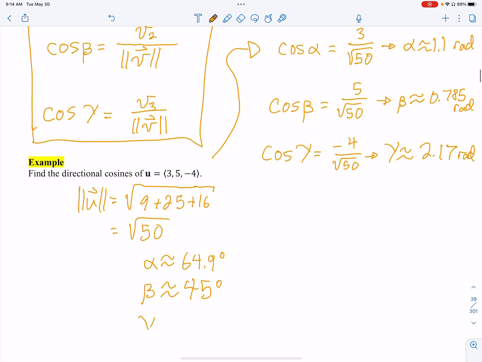So that means gamma, if I multiply it by 180 and divide by pi, is 124.4 degrees. All right, so that's how we find angles between a vector and each axis. It's kind of nice. Could lead into many things. Like I said earlier, let your imagination run wild as to why we would ever need that angle.